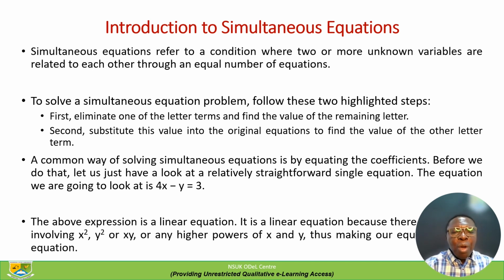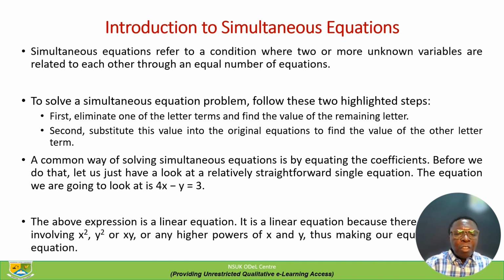A common way of solving simultaneous equations is by equating the coefficients. Before we do that, let us have a look at a relatively straightforward simple equation. The equation we are going to look at is, let's say, 4x minus 1 equals 3.